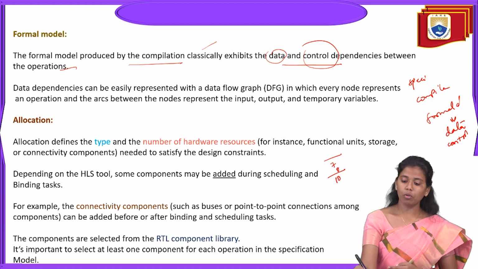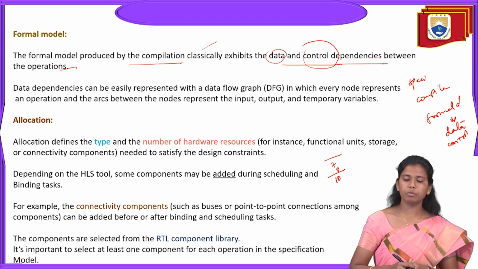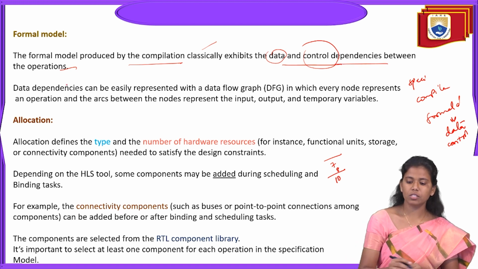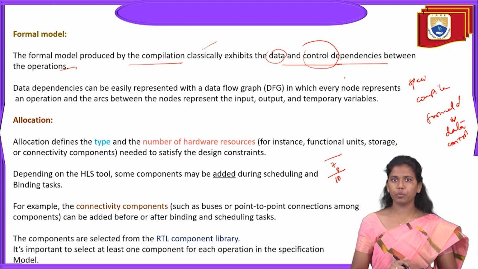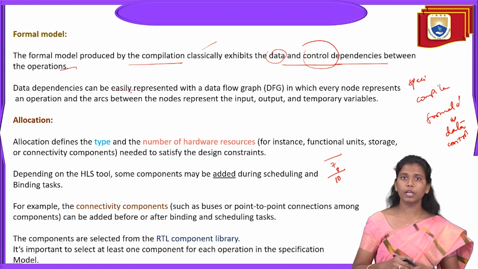I want to omit this unwanted data, so I can eliminate it, and the formal model controls the data and control dependencies between the operations, and the data dependencies can be easily represented.